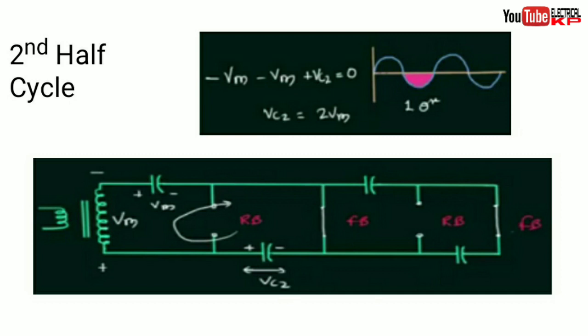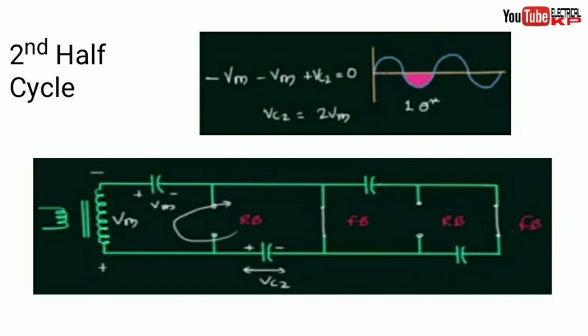So capacitor C2 will be charged, and the voltage across capacitor C2 will be the sum of both voltages, that is the voltage across capacitor C1 plus the source voltage, meaning 2 times Vm. Because capacitor C1 and the supply voltage are in series, their sum will be 2 times Vm. That's why the voltage across capacitor C2 will be 2 times the supply voltage.